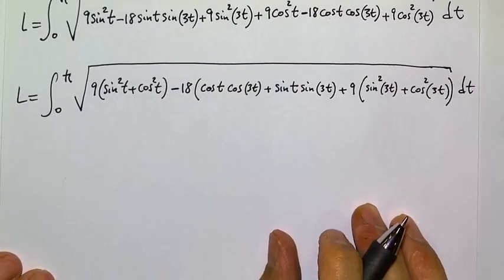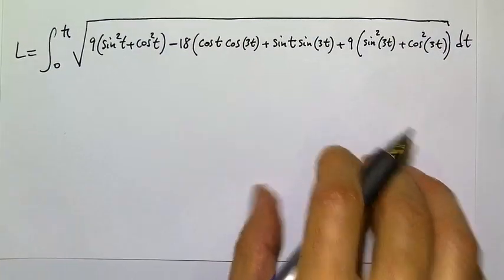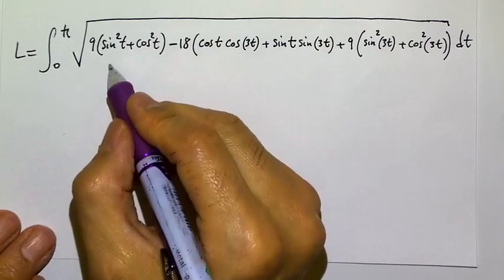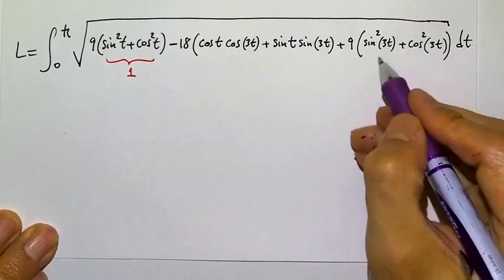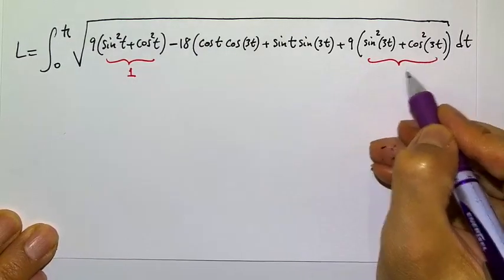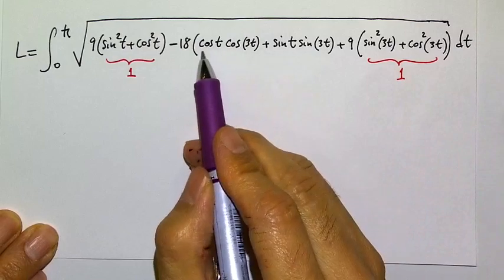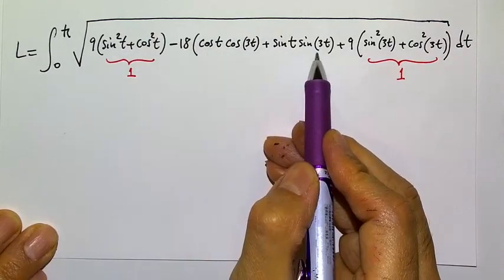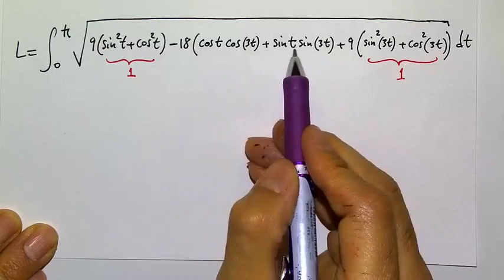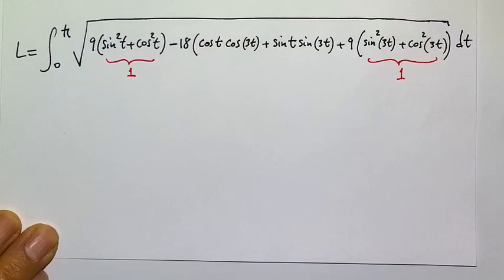Okay. All right, so we know that this is going to be equal to 1. By the same token, this is going to be equal to 1. And check this out. Cosine of t times cosine of 3t plus sine t times sine of 3t. That reminds us of some identities we learned about trigonometric functions.